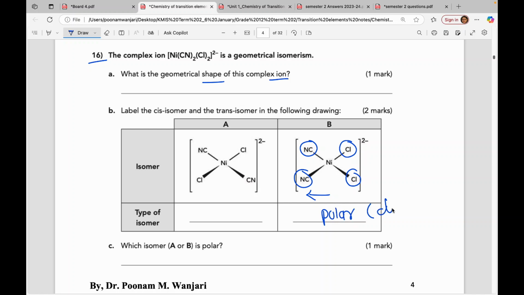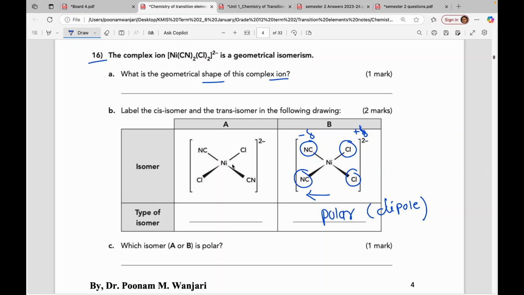Polar means generation of two poles, generation of a dipole. Cl also carries a negative charge, but in case of polarity, the cyanide ion is more electronegative compared to the chloride ion.